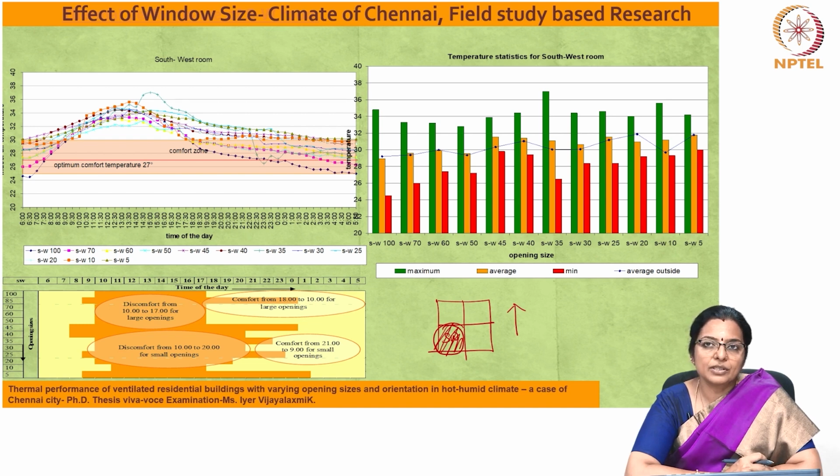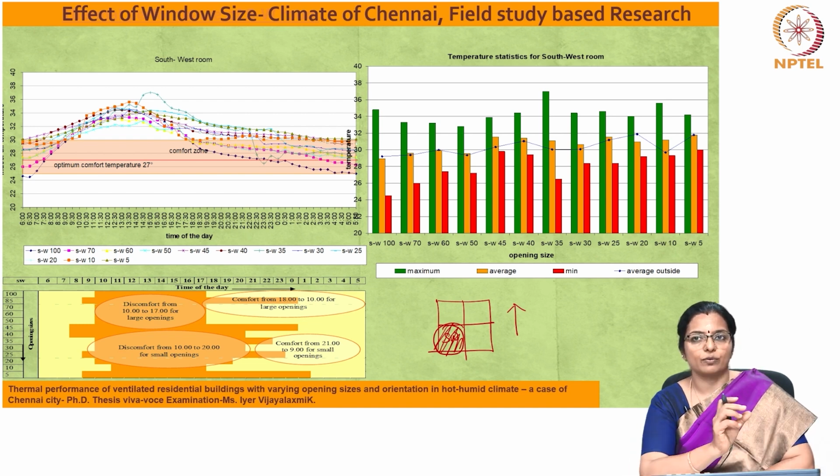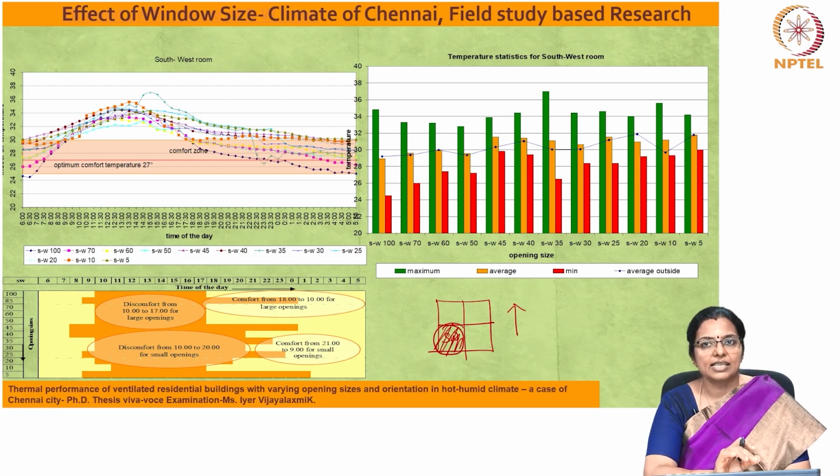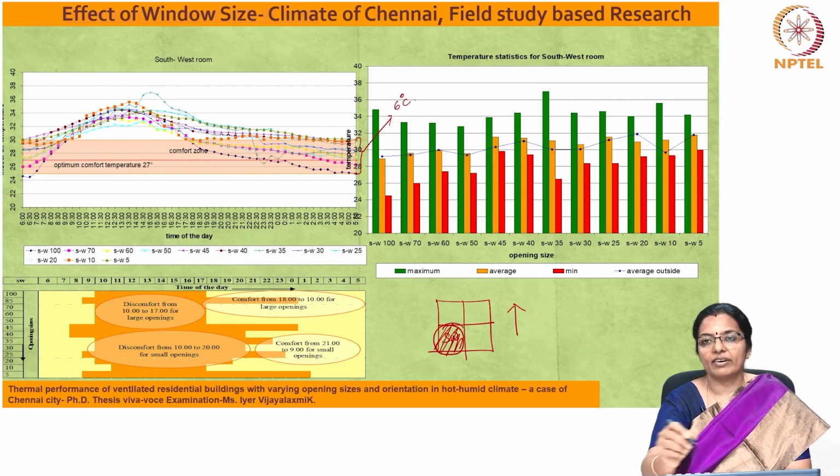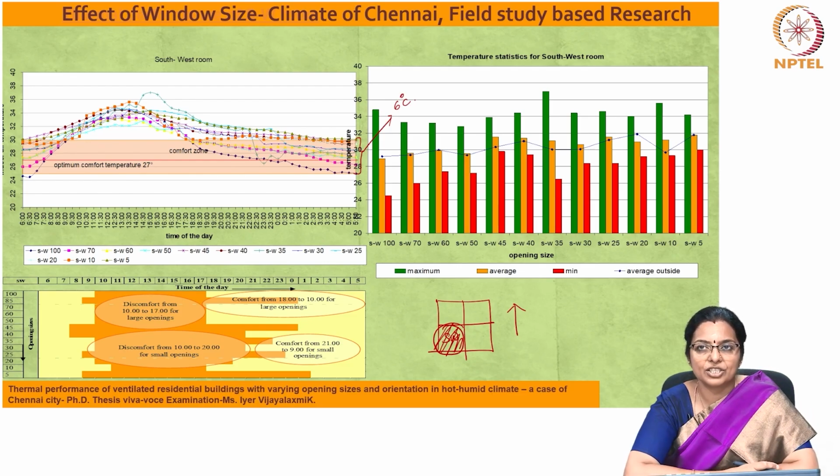A temperature difference of about 6 degrees can be achieved during certain periods of the day by altering the size of the openings. So, just by tampering opening size, we can have 6-degree variation in indoor temperature during certain times of the day. The indoor average temperature follows the outdoor average for large openings.